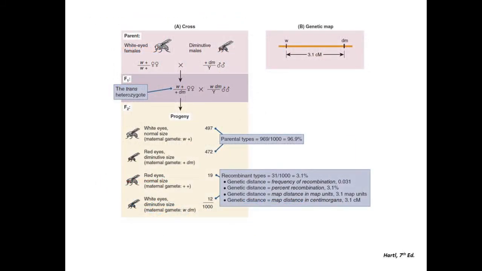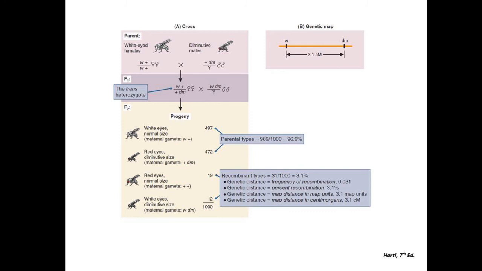Look at this example now. There are two phenotypes. One is a white-eyed female, white body and a normal size fly. Another is diminutive males. Okay, the male body size is small, wing size is the same, and red eye.